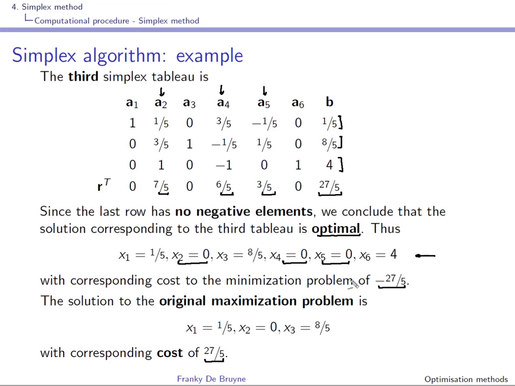It's also interesting to see that the slack variables x4 and x5 are equal to 0, which means that the first two inequalities are met with equality, and we have a slack of 4 in the last constraint.